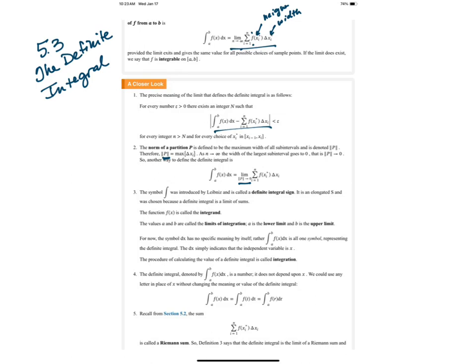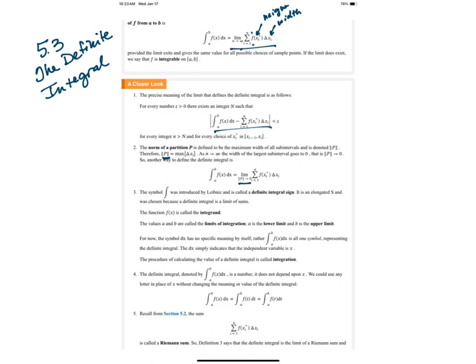The symbol, this elongated S, which if you check out the front of your textbook, everybody flip your textbook over. You see it? It's on the violin. Oh, it's beautiful. That elongated S is made by Leibniz.